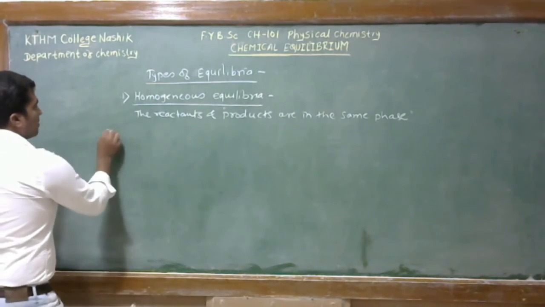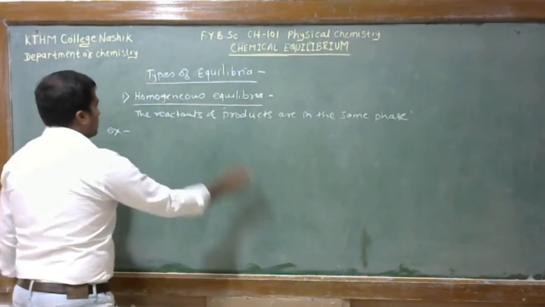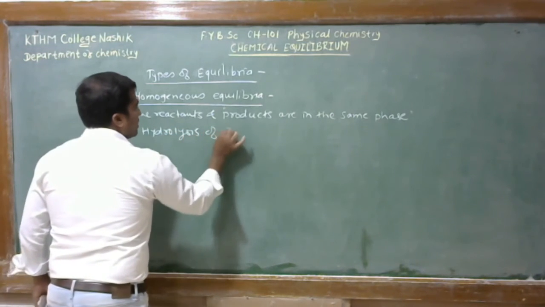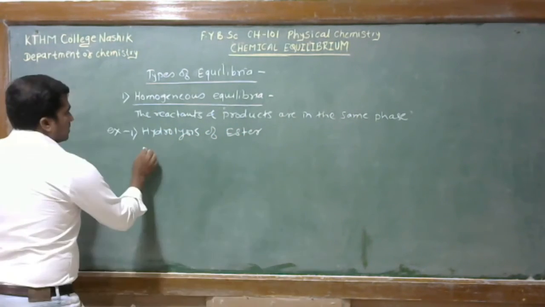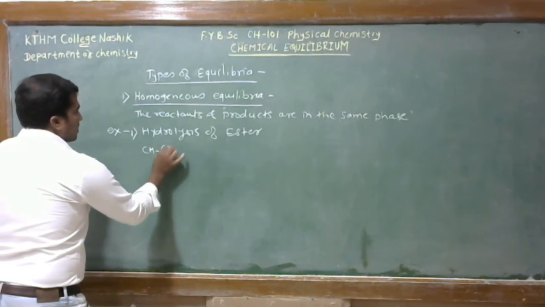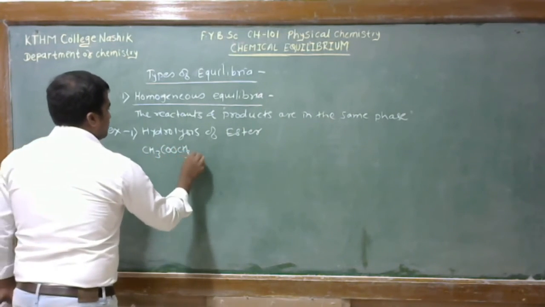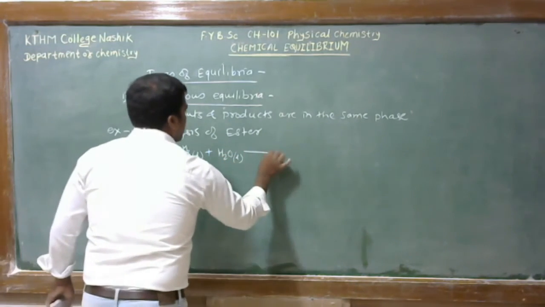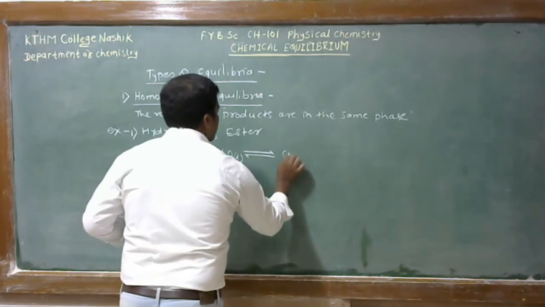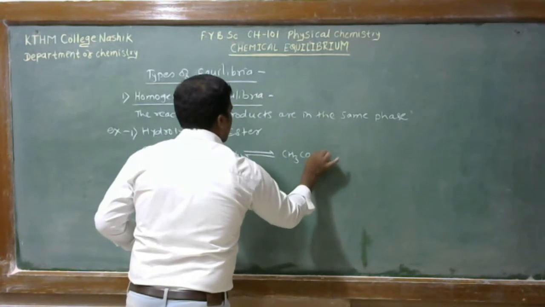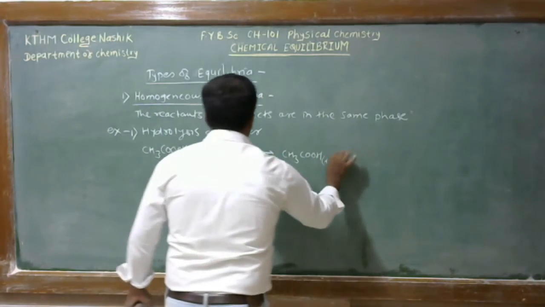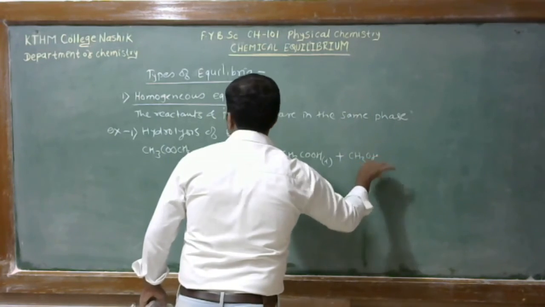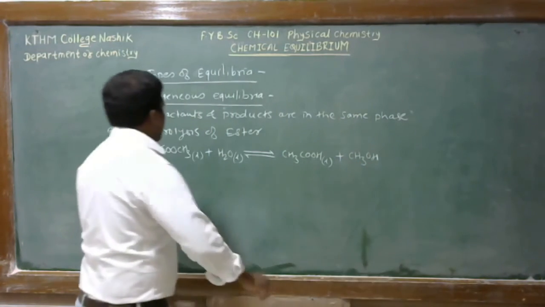For example, hydrolysis of ester: CH3COOCH3 plus H2O gives CH3COOH plus CH3OH.